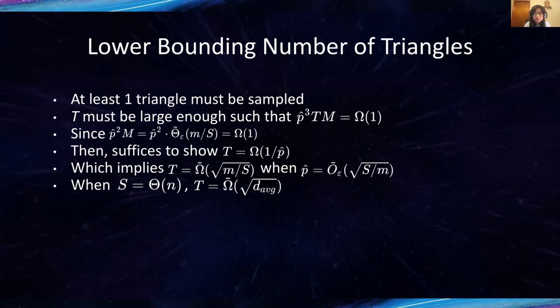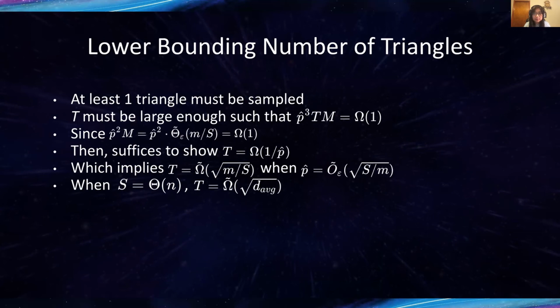Since p squared times m is omega of 1 by our setting of p, we only need to show that p times t is omega of 1. Then it suffices to show that t is greater than 1 divided by p.